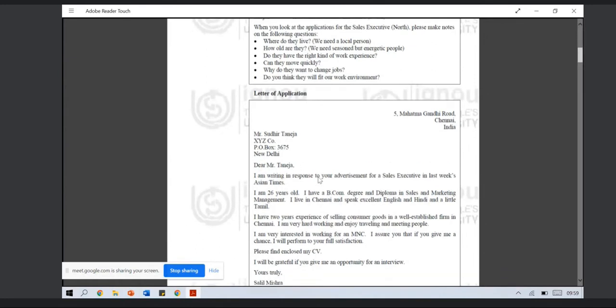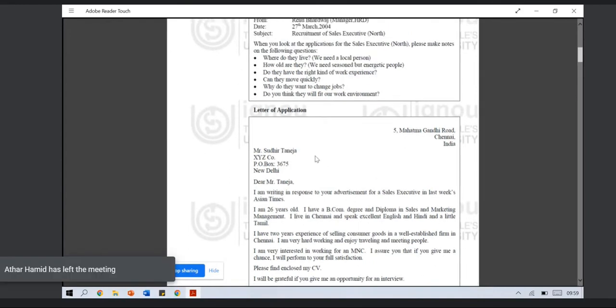A hard copy letter means you have to write the application on A4 sheet paper and submit it along with your printed CV, printed resume.